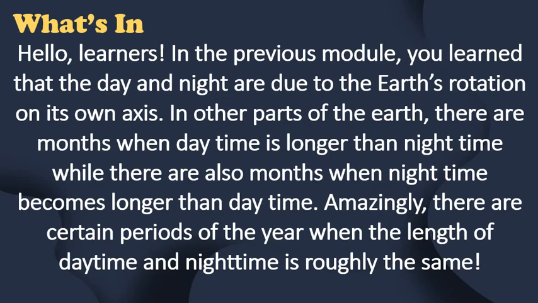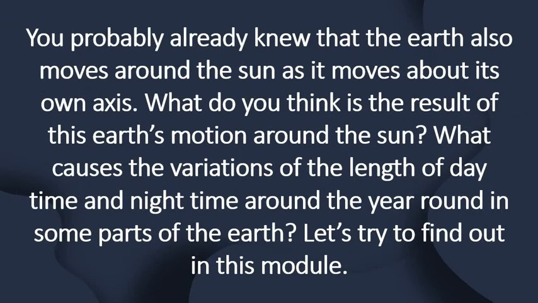Amazingly, there are certain periods of the year when the length of daytime and nighttime is roughly the same. You probably already knew that the Earth also moves around the Sun as it moves about its own axis. What do you think is the result of this Earth's motion around the Sun? What causes the variations of the length of daytime and nighttime around the year round in some parts of the Earth? And let's try to find out in this module.